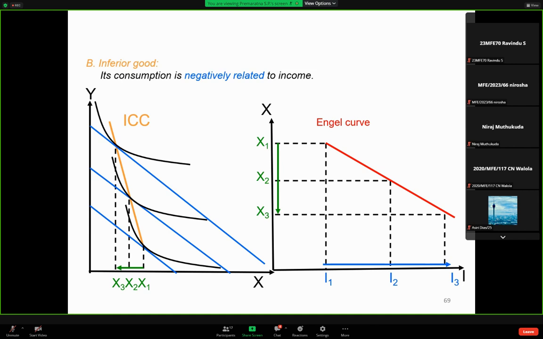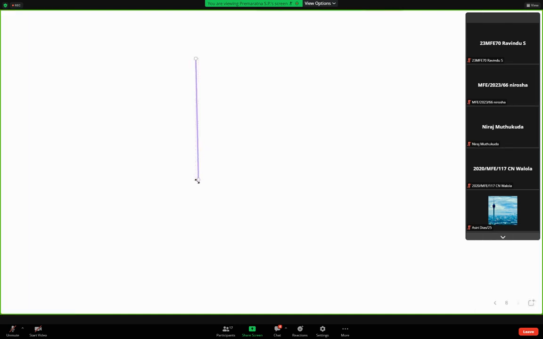And one more thing. Now I need from you the ICC with this shape, with different budget lines.